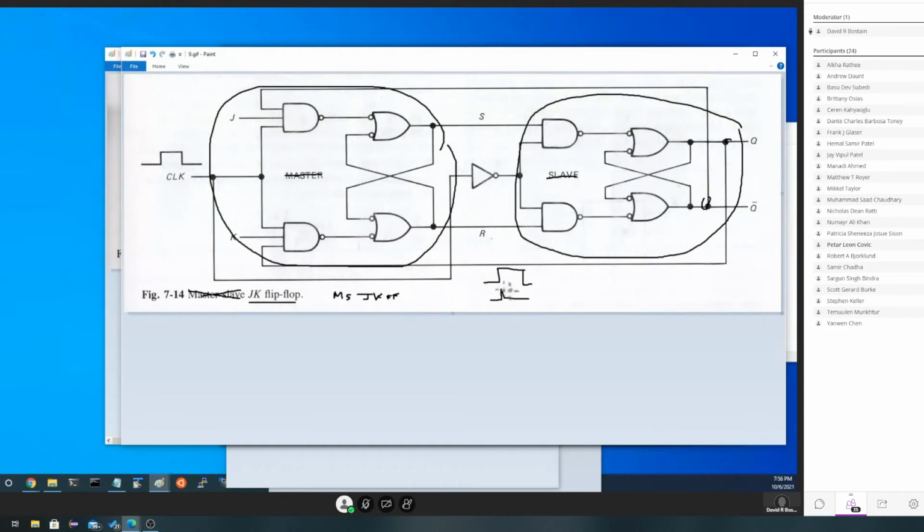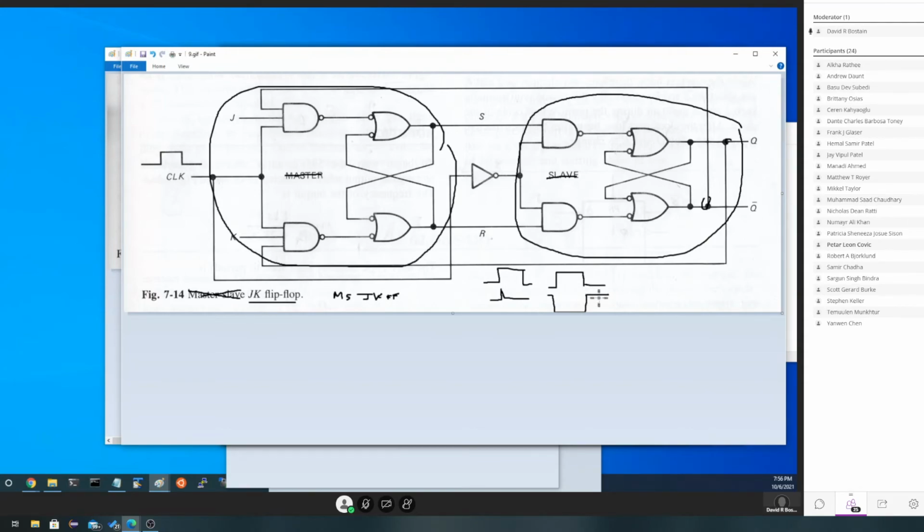On this one, it's the same as having two clocks. We have the original clock, which went high, and we've transferred J and K to S and R. But we have a secondary clock, which is low, goes high at this point, and stays high.